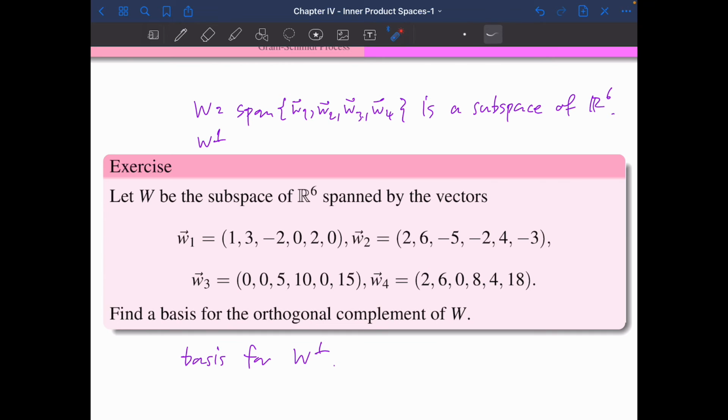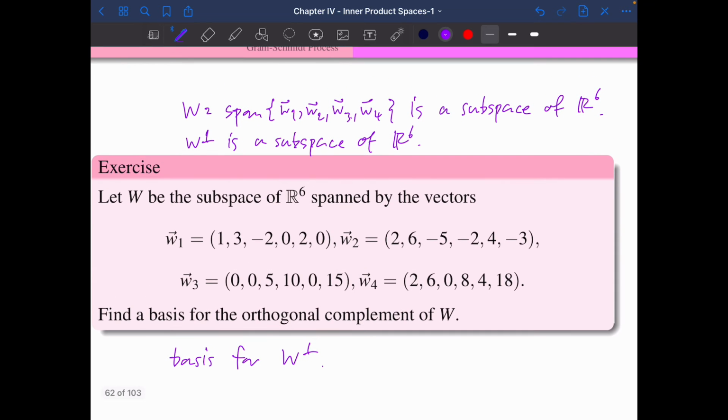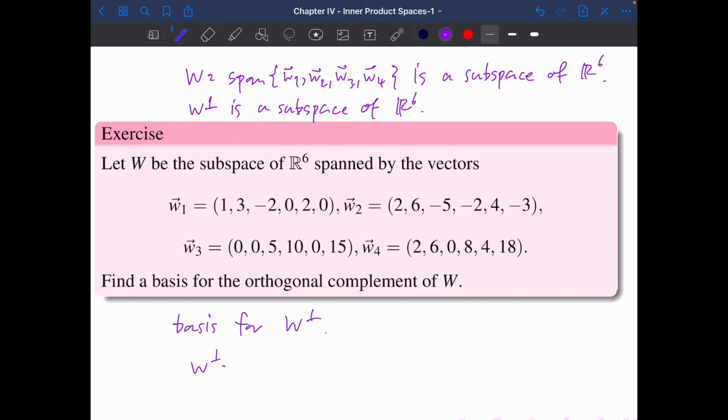We already know that W is a subspace of R6. Then we can conclude that W perp is a subspace of R6. What does it mean? It means that you can find elements of W perp, which are elements in R6.